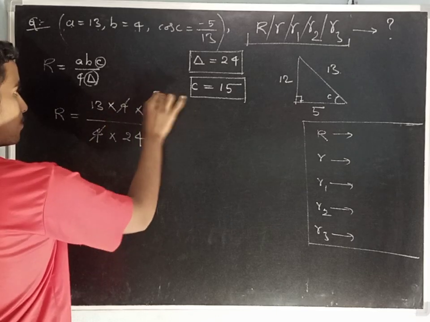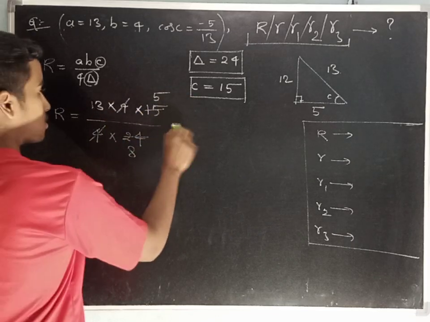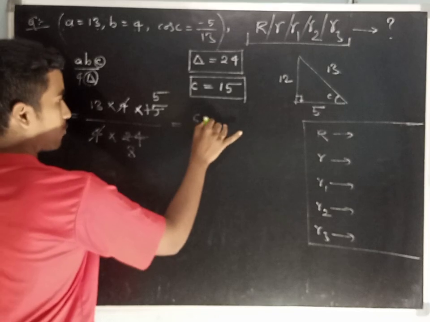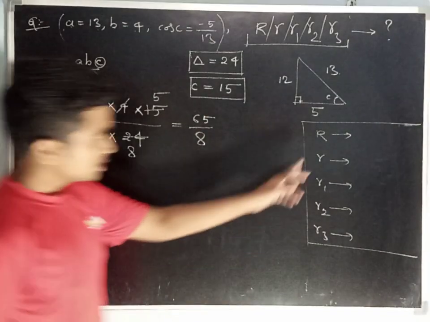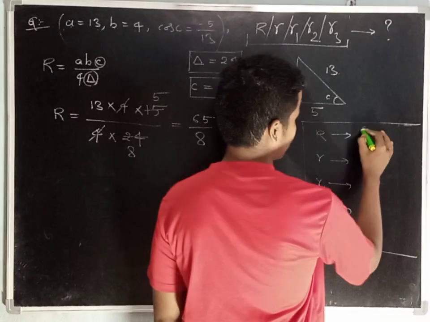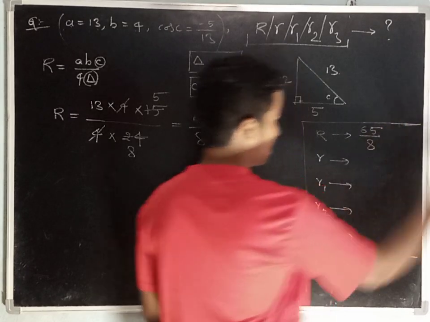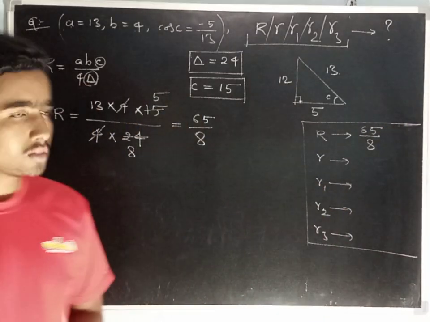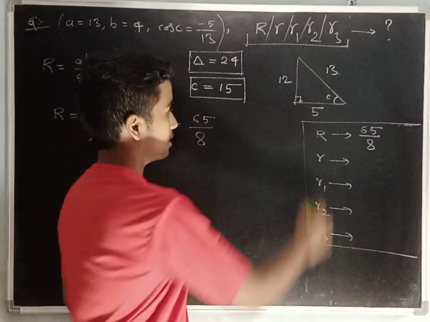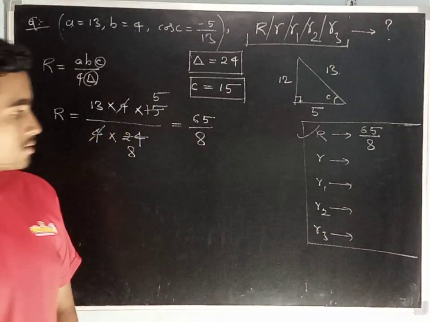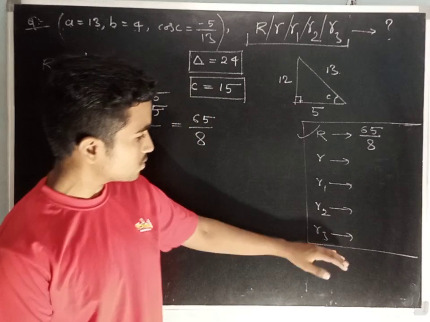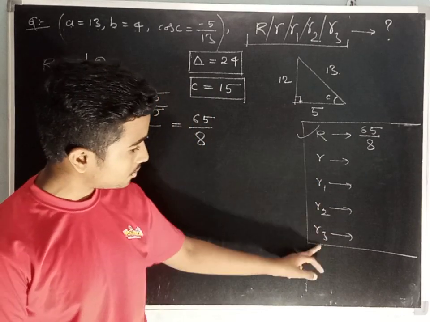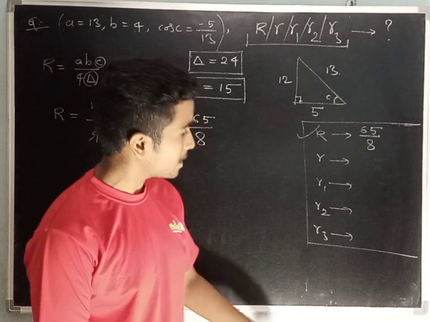The 4 gets cancelled, 5 and 8, so 15 into 13 is 195 by 8... so the radius of the circumcircle is going to be 65 by 8. Okay, that task is over. Now we are left with these remaining tasks: finding the value of all the other parameters.